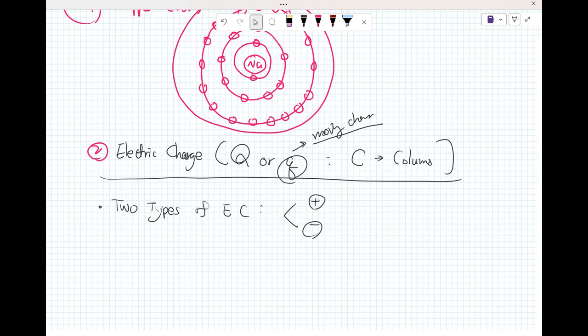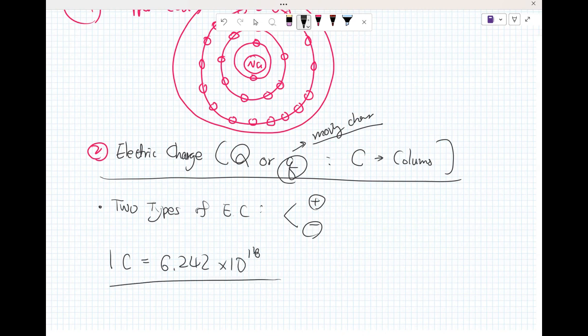For example, one coulomb is 6.242 times 10 to the 18th electrons.